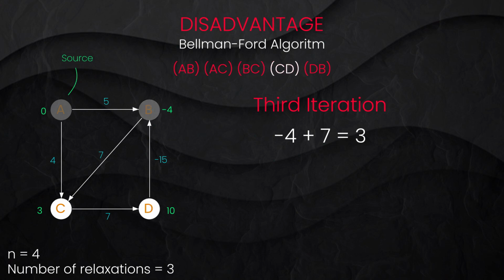Then CD, 3 plus 7, 10, you will not update. Now DB, 10 minus 15 is minus 5. Minus 5 is less than minus 4. So you will have to update. So here the third iteration is also completed.